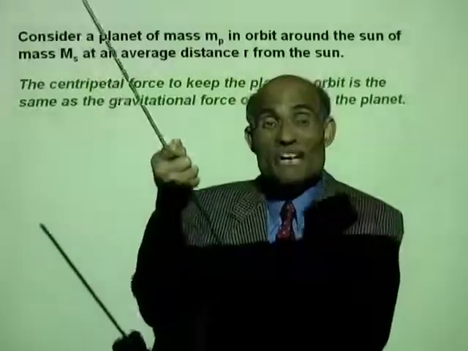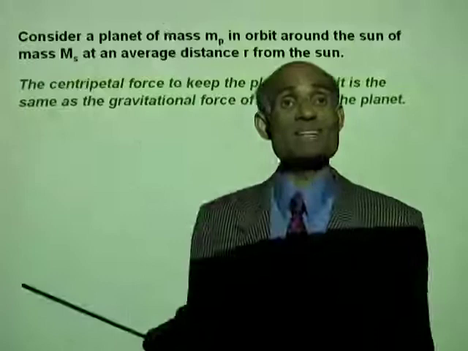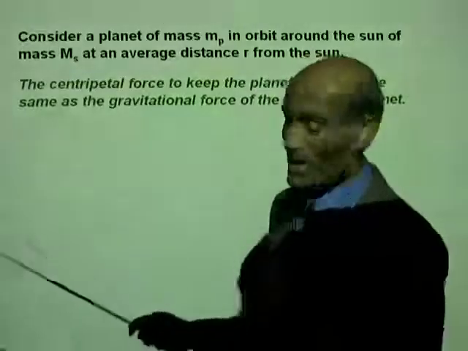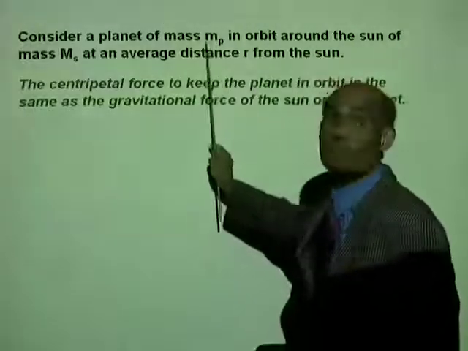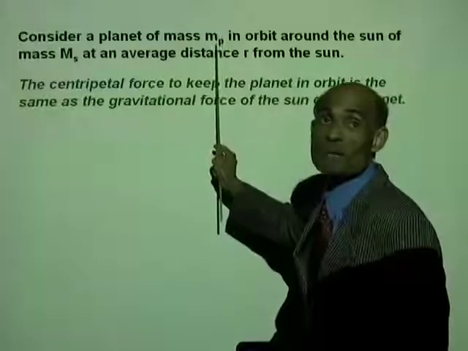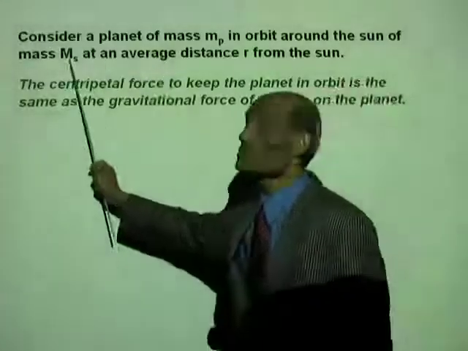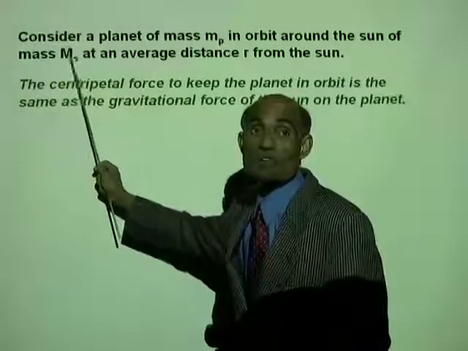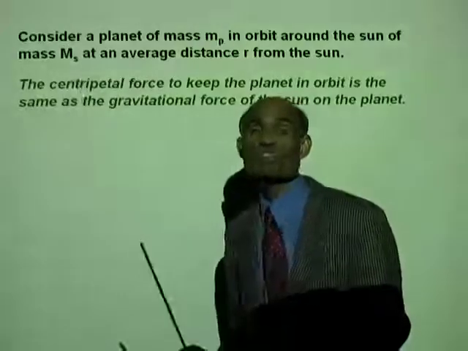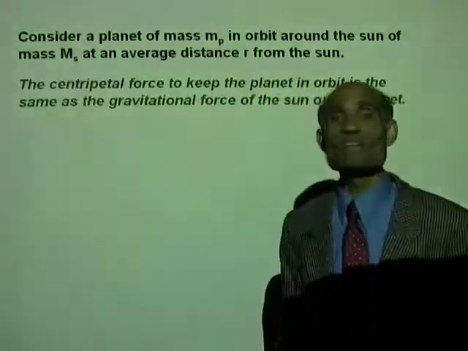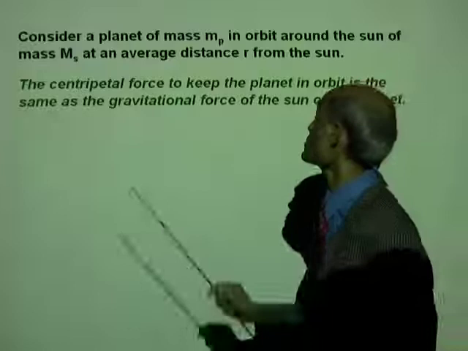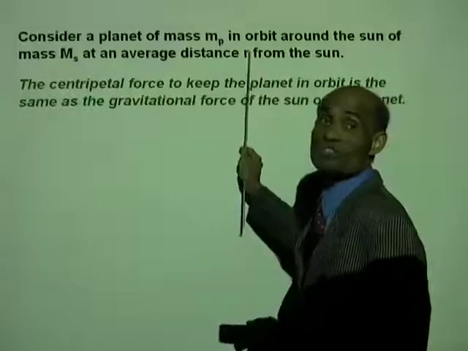Provided by the gravitational force between the planet and the sun. All right? If the mass of the planet is m sub p and the mass of the sun is big M sub s, what is the gravitational force between the planet and the sun if the average distance is r?